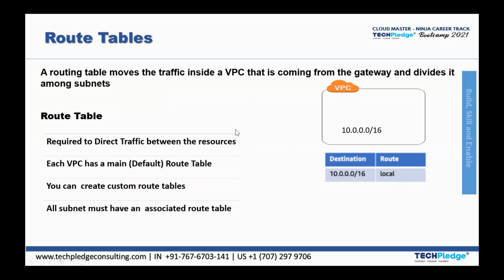A routing table moves the traffic inside a VPC. It moves the traffic that is coming from a gateway. A gateway can be an internet gateway, or a gateway can be anything. That traffic comes from the gateway and is divided among subnets.